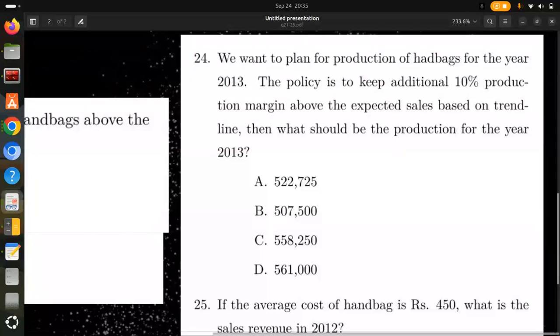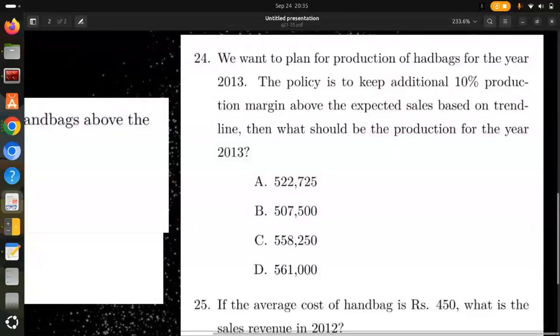Okay, so we want to plan for the production of handbags for the year 2013. If you notice, the plot was only up to 2012, so now we want to plan for the future, 2013. The policy is to keep an additional 10% production margin above the expected sales based on the trend line. Then what should be the production in 2013?